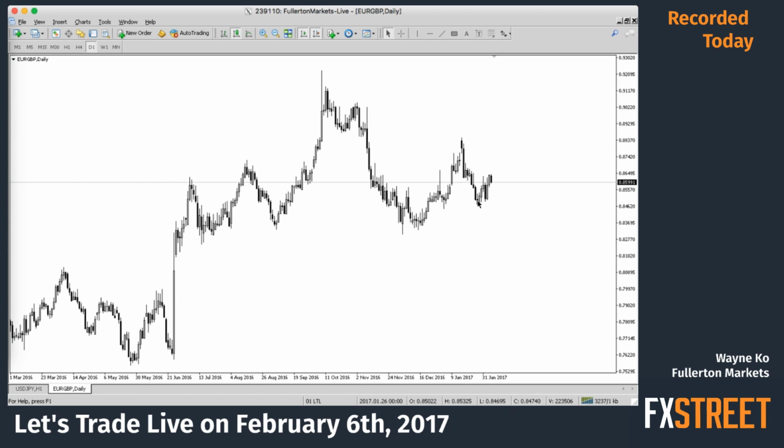When there's a lot of risks in Europe, the UK is in a better position when it comes to negotiating all the trade agreements once they invoke Article 50. If it is easier for them to negotiate trade agreements, then it is favorable for the sterling. So that's another reason why the sterling is remaining strong.